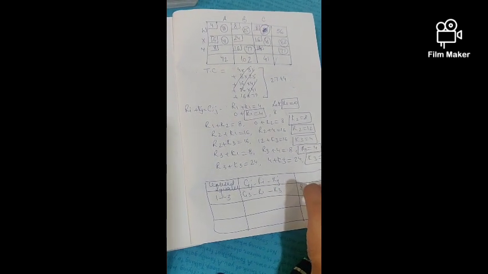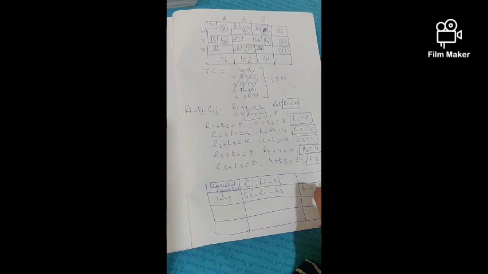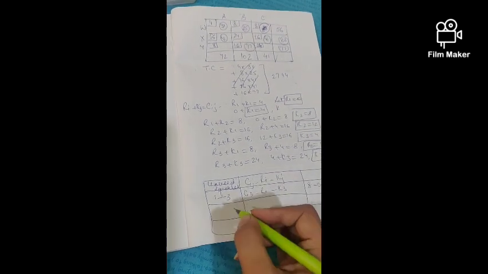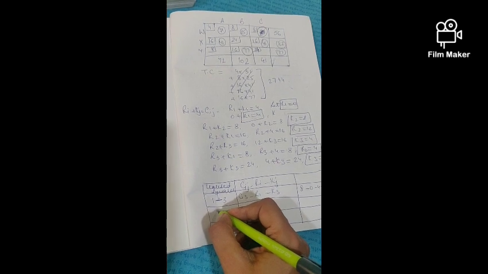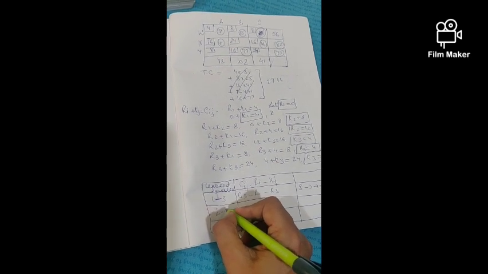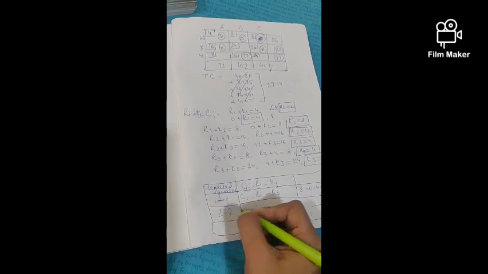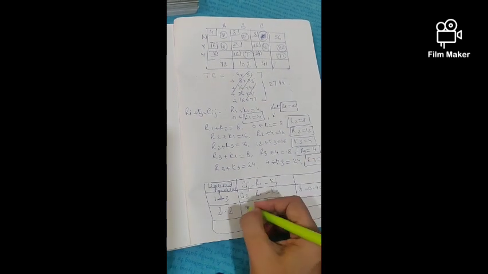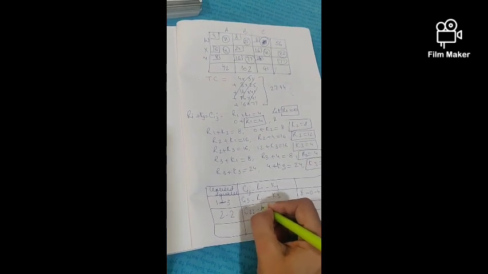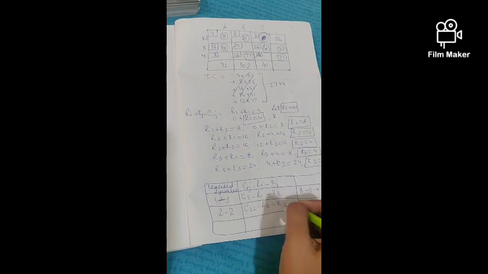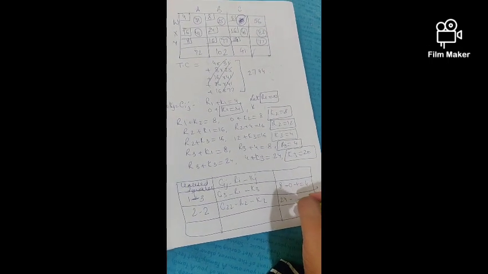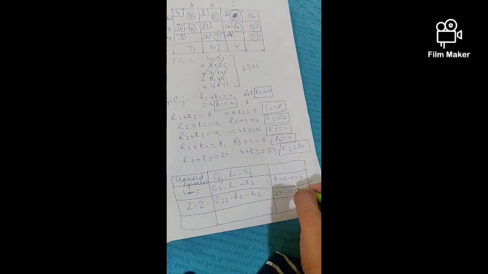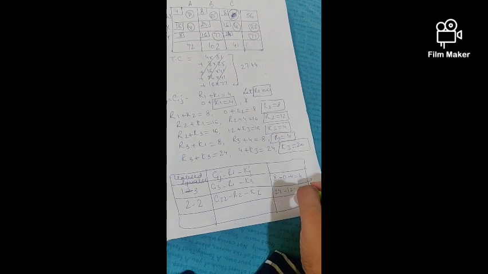C13 is 8 minus R1 minus 4 is equal to 4. Second we have the second row, second column, C22 minus R2 minus K2. So 24 minus R2 is 12 minus K2.